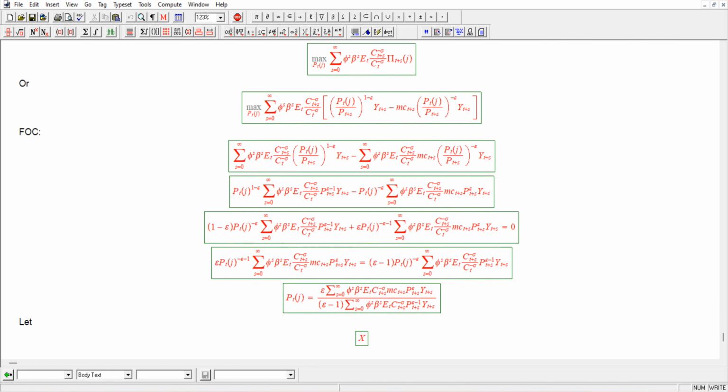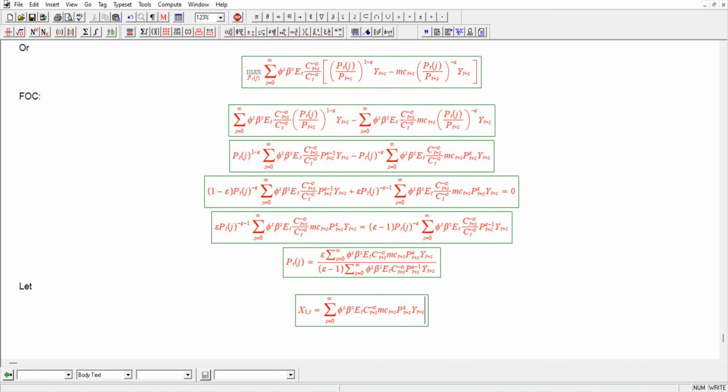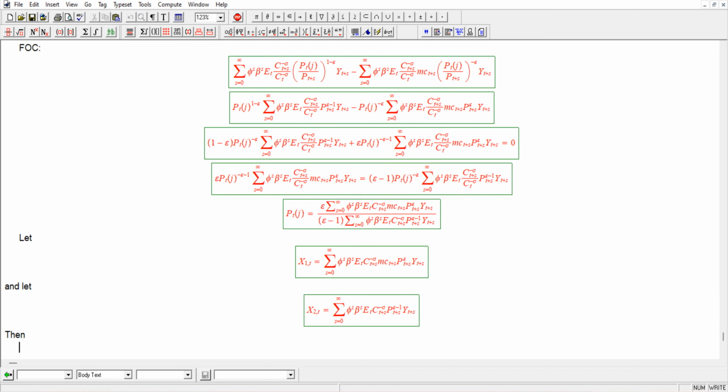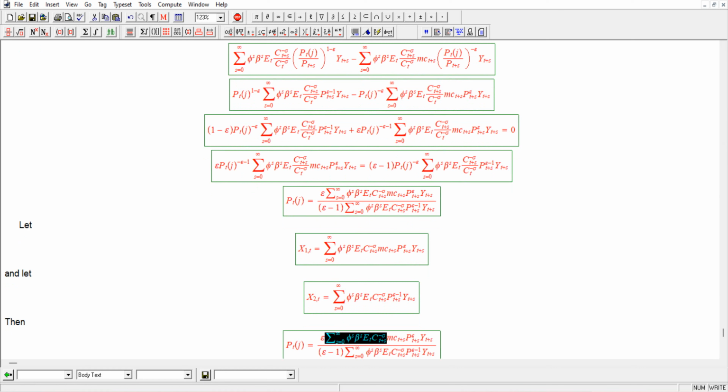Let x sub 1 of t equal this series, and let x sub 2 of t equal this series. Then two things happen. First, we can write this in the following simpler terms, in terms of x sub 1 and x sub 2.